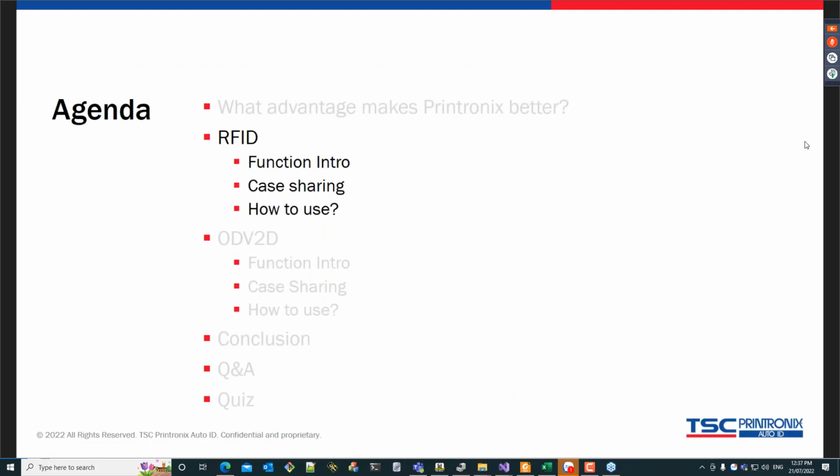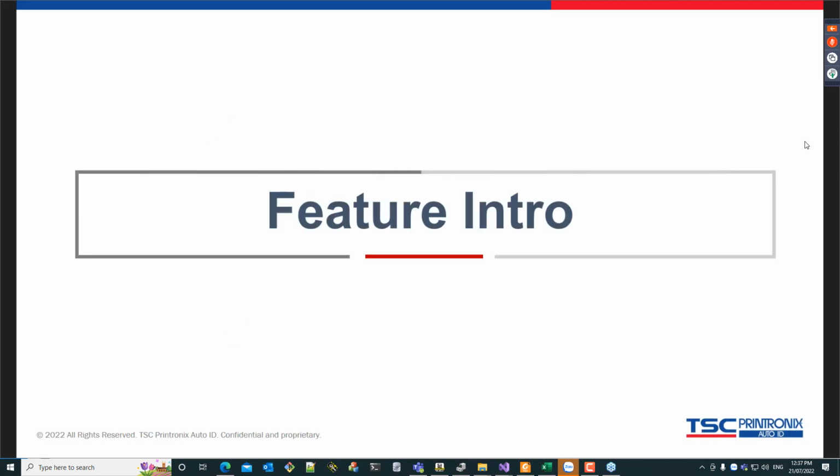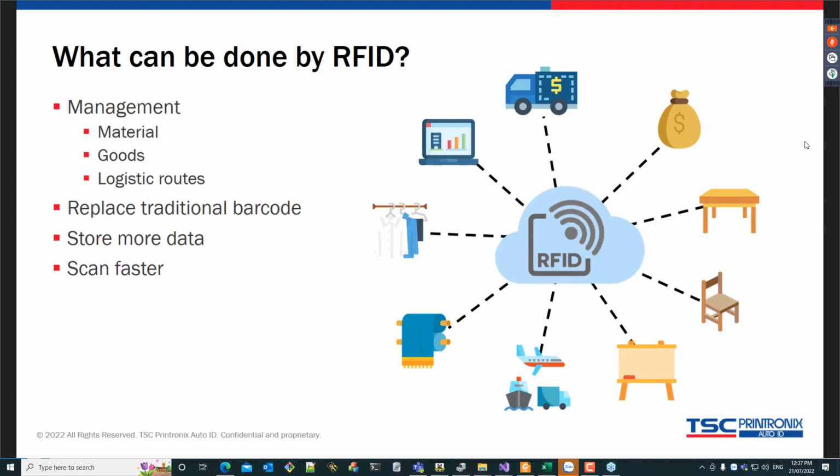Okay, the first thing we're going to talk about is the RFID function. We will show you the function intro and the case sharing, and the last part will be how to use it. As you can see in this slide, you will find there's RFID, which can be applied to lots of scenarios, such as management.